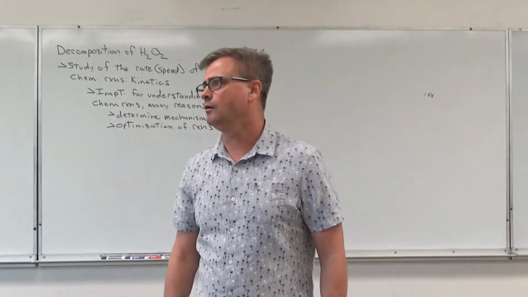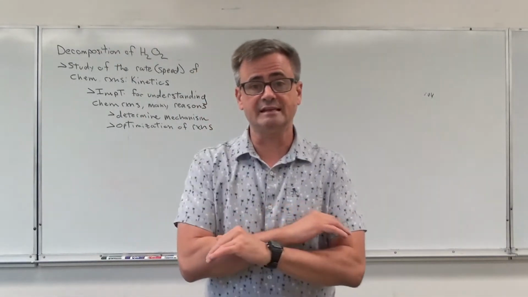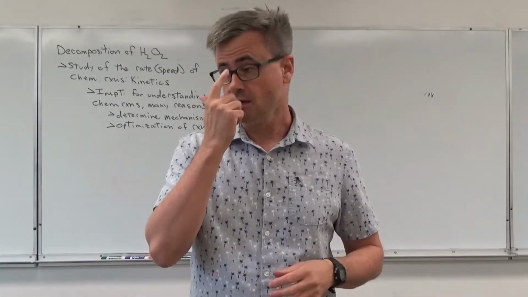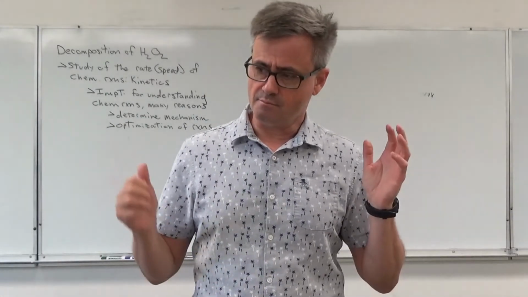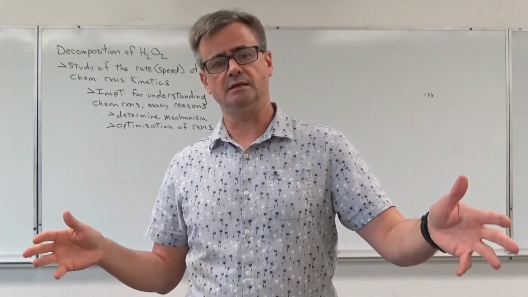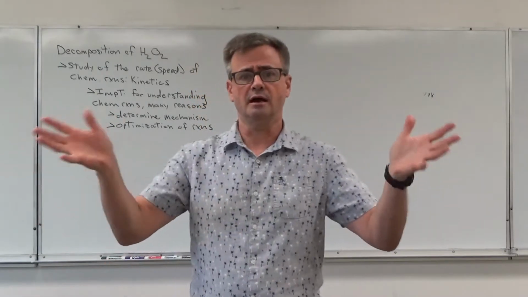Okay? And relative rate equations don't tell us absolute rates, okay? They just tell us relative rates. So it could tell us that this product is appearing twice as fast as this one is disappearing, okay? But it doesn't tell us how fast either of those things is happening.